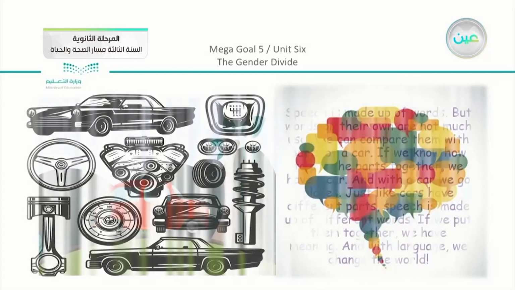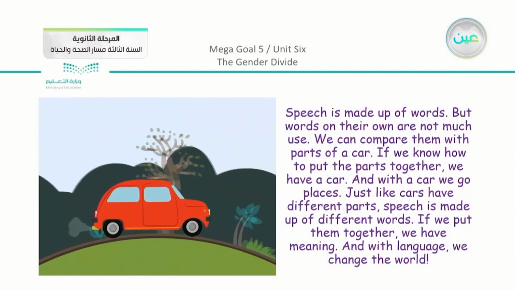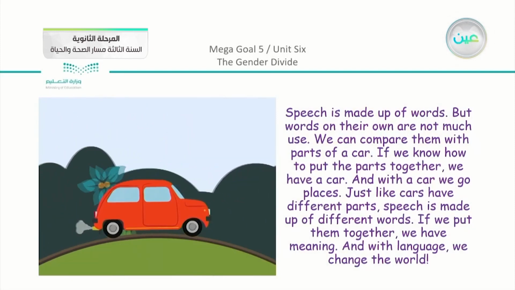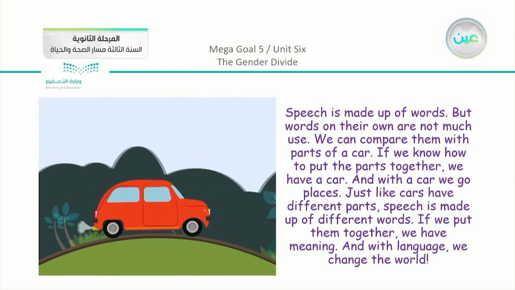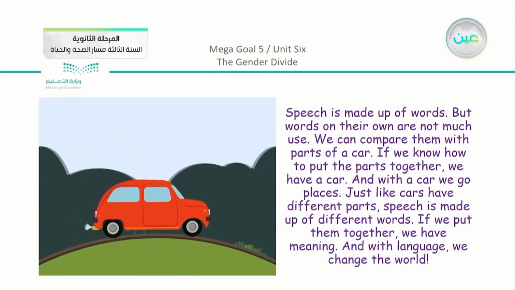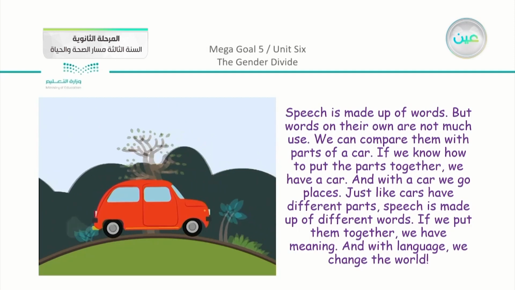So we are going to move on with our new part, and we are speaking actually about cars. So since we are speaking, there is a kind of comparison here we can relate. So let's just read together.